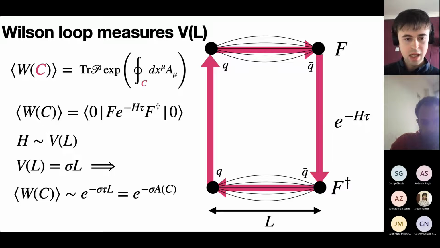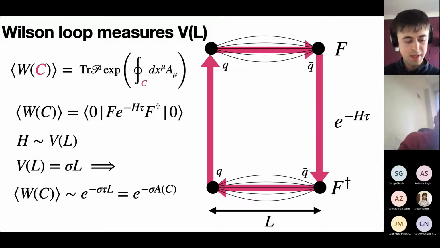And the key point is to look at the Hamiltonian. Since the quarks are non-dynamical, it corresponds to the potential created by the quark anti-quark pair.